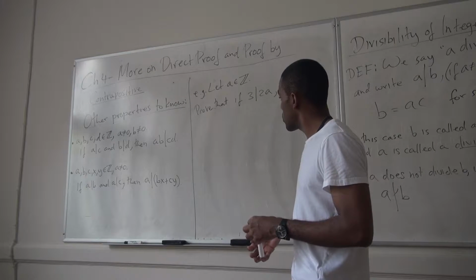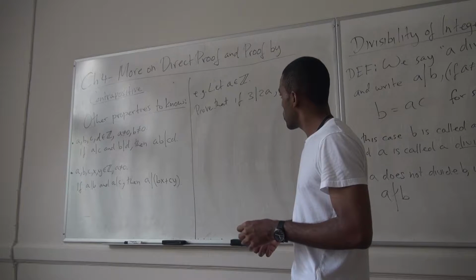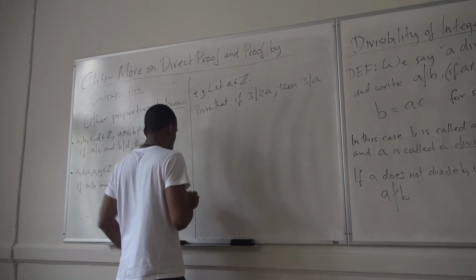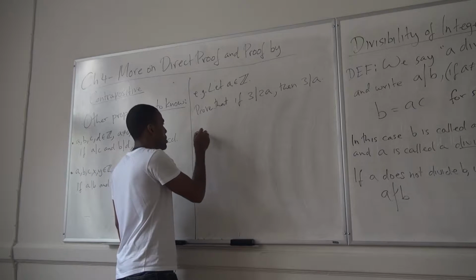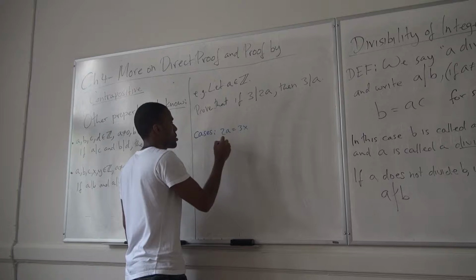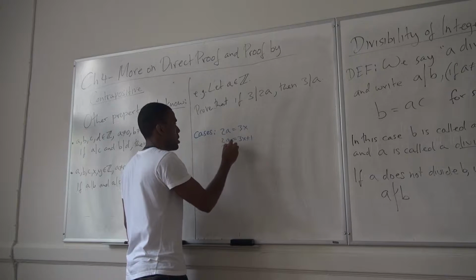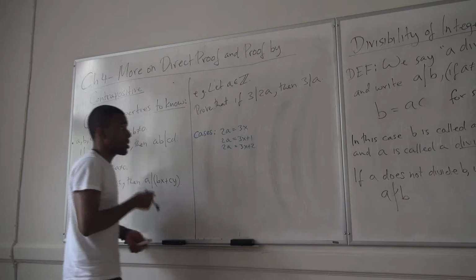You could say 2a equals 3x, or 3x plus 1. So you're thinking of doing cases where 2a equals 3x, or 2a equals 3x plus 1, or 2a equals 3x plus 2. Yeah. Okay, where would you go from there?